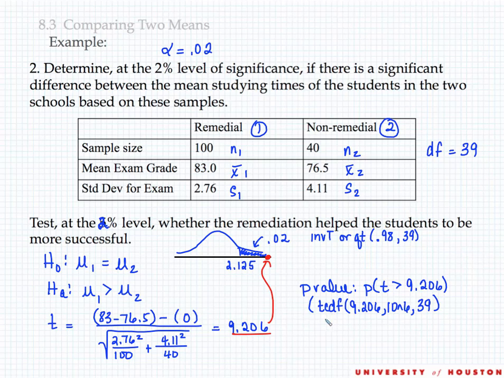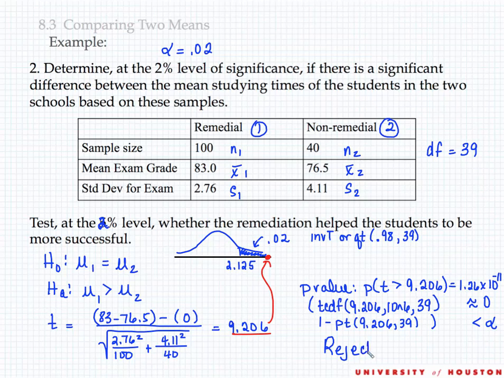If I'm using RStudio, we do 1 minus PT of 9.206, 39. Either way, we're going to get 1.26 times 10 to the negative 11, which is about 0. This is less than my alpha of 2%, so we will reject the null hypothesis.